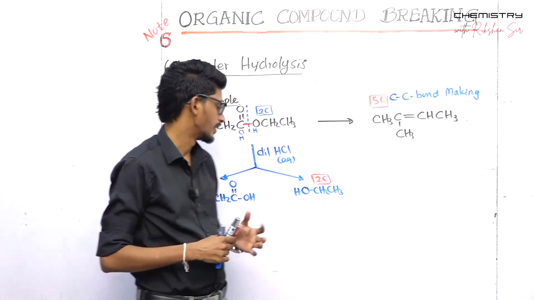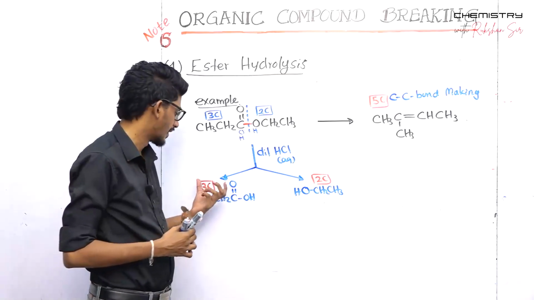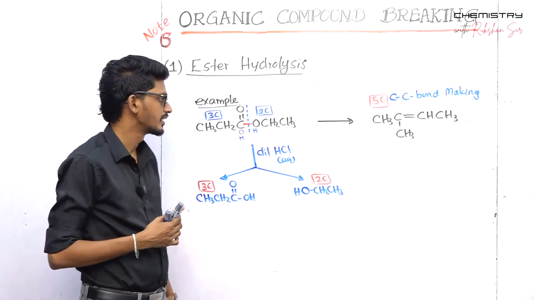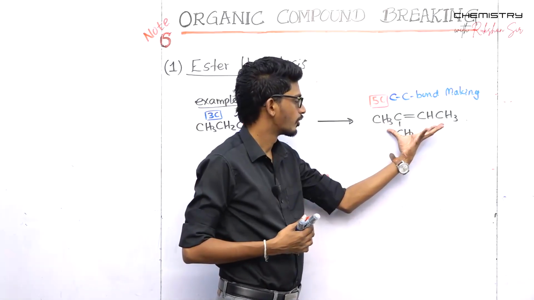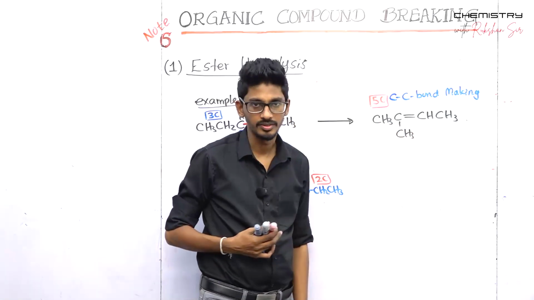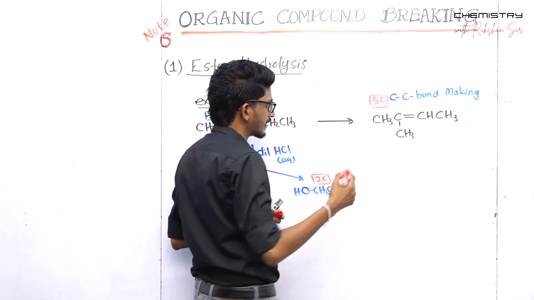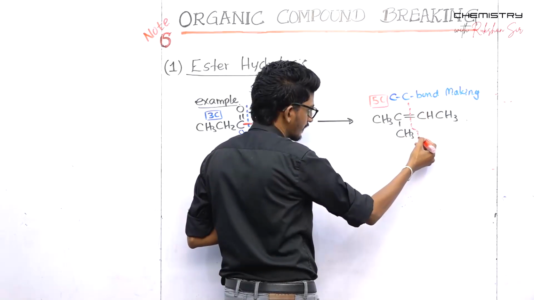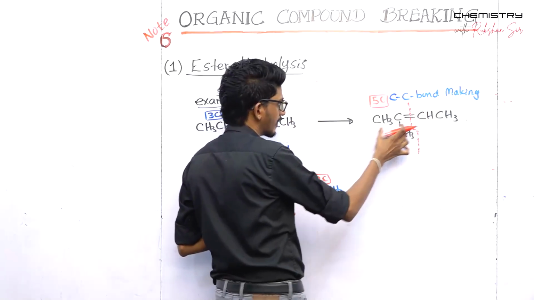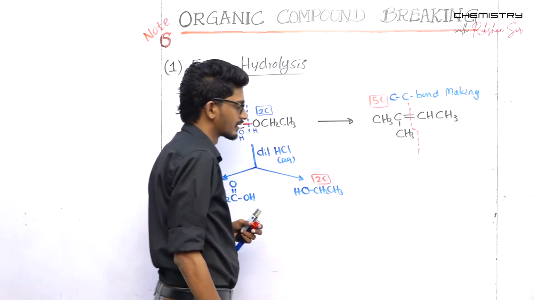In my bag, I have 2 carbon and 3 carbon blocks, so I am thinking of breaking this whole compound into 2 carbon and 3 carbon blocks. That can be done if you break from this bond, and then you will come up with 3 carbon and 2 carbon blocks.